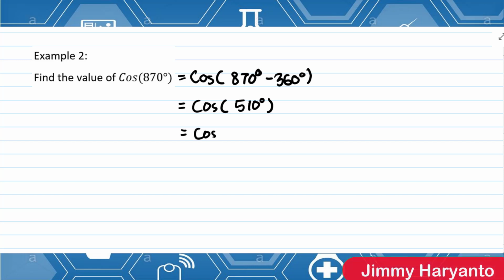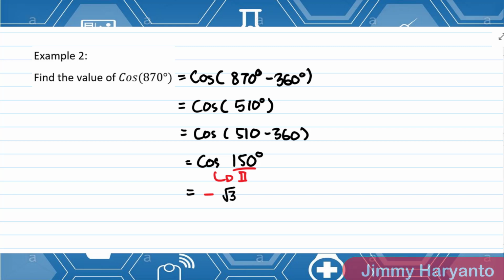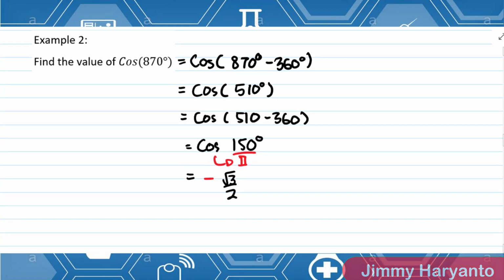It's not small enough, so I will minus it again with 360 degrees, equals cos 150 degrees. We can calculate this. 150 degrees is quadrant 2. Cos in quadrant 2 will be negative 30, cos 30 square root of 3 over 2. I believe you can solve cos 150 in a short time, so I will not explain it anymore.